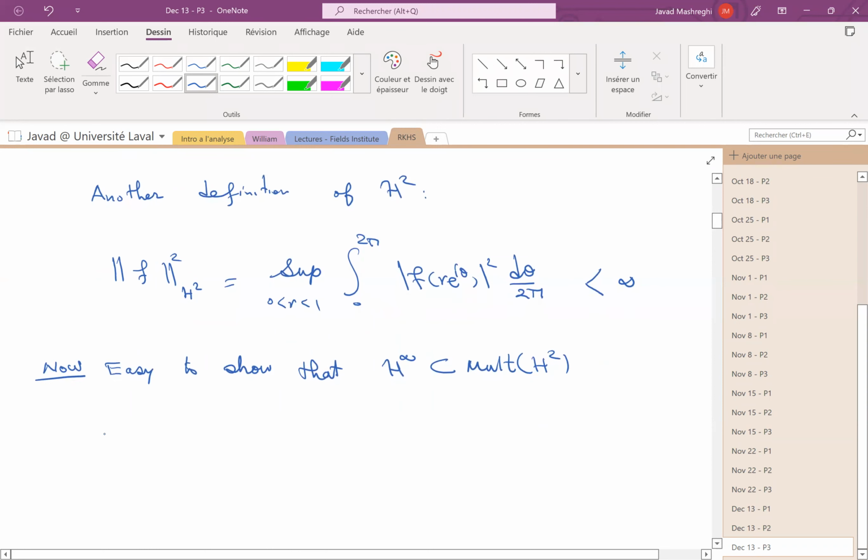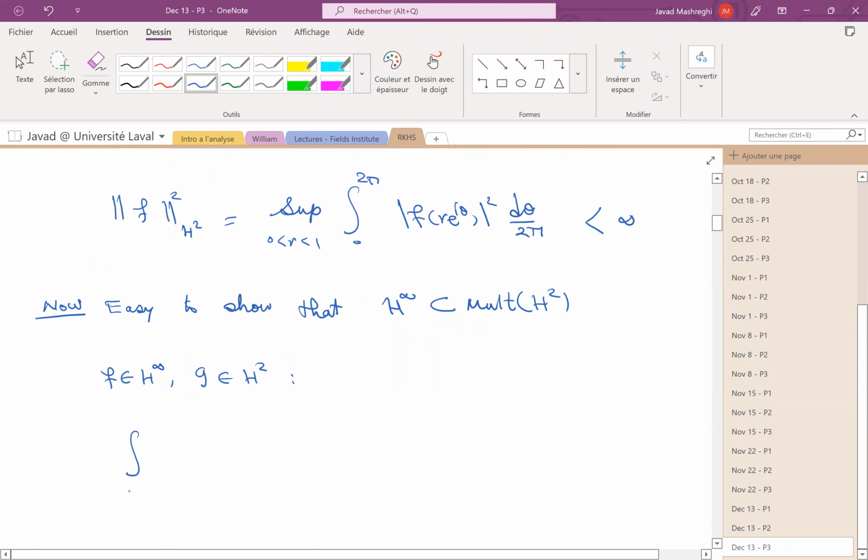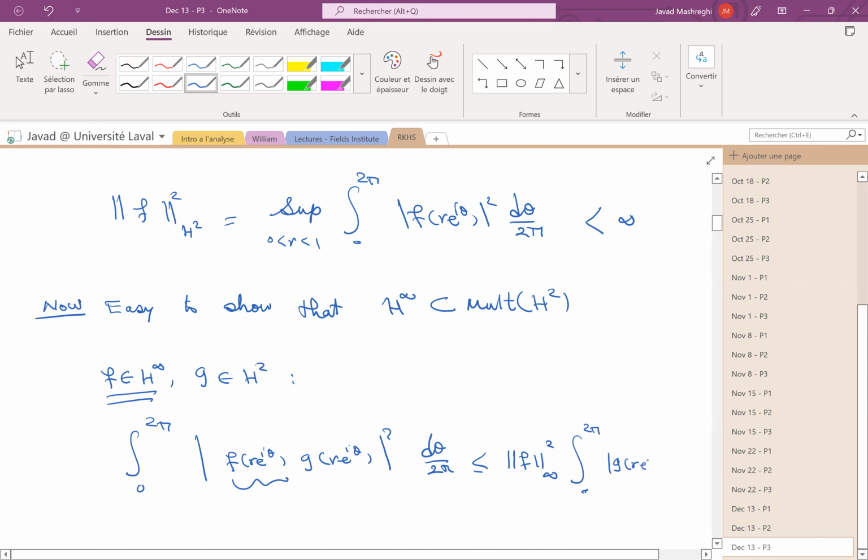Because if F is in H infinity and G is in H2, then the integral from 0 to 2π of |f(re^{iθ}) g(re^{iθ})|^2, we replace f here by the largest possible value. So it's less than or equal to the norm infinity squared times the integral of |g(re^{iθ})|^2.